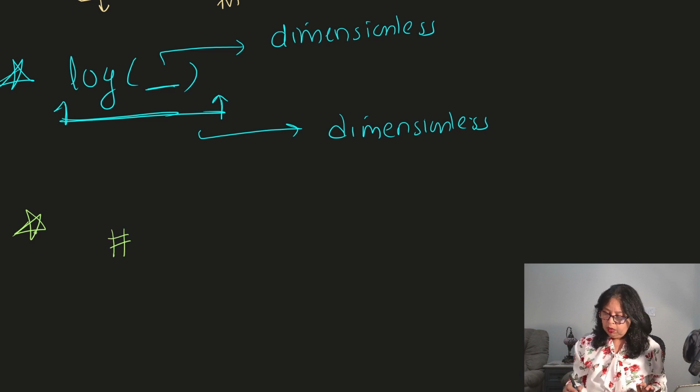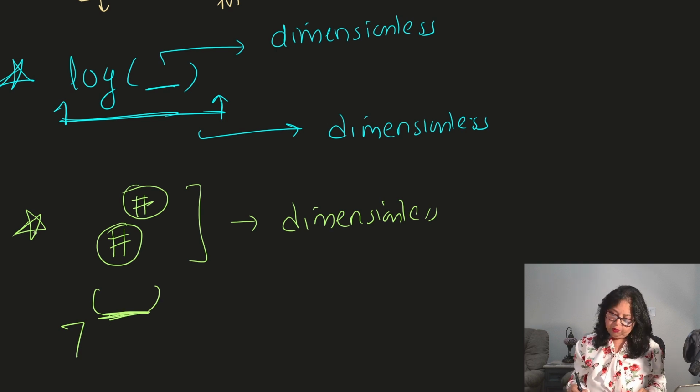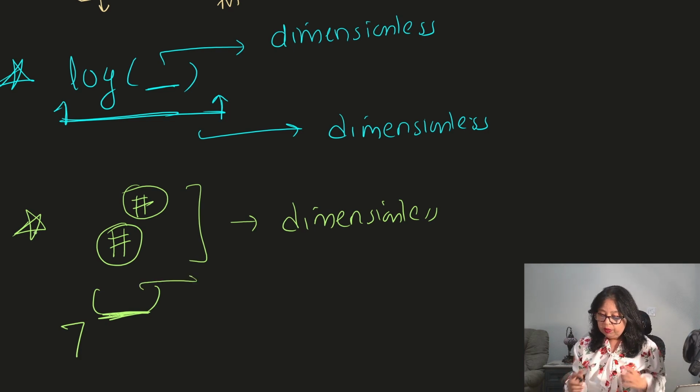Any number to the power of any number. This will be dimensionless, and this whole thing will be dimensionless as well. For example, if I'm writing 7 to the power of something, I may have some variables over here, but they are all going to cancel out in such a way that at the end it will be dimensionless.